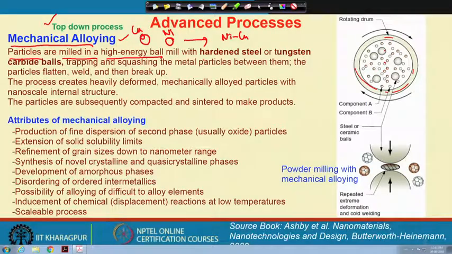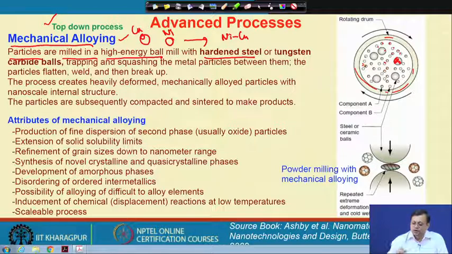Here we also take assistance of some hardened steel or tungsten carbide balls. Here these are the balls and these are the initial powder particles. I can think about two different colors for two different components, as I said, let us say nickel and copper, or aluminum and copper, or whatever you prefer.